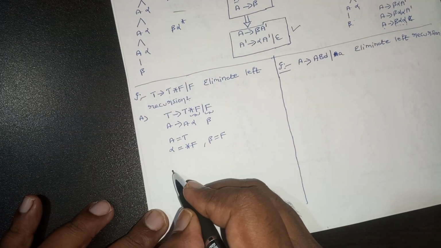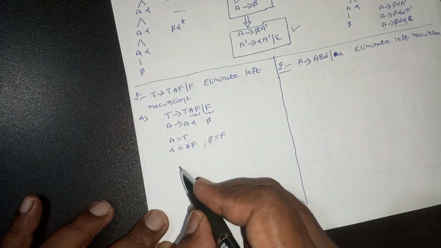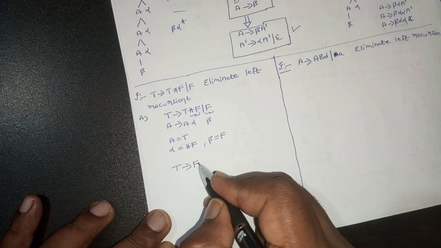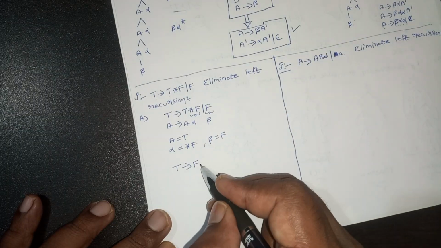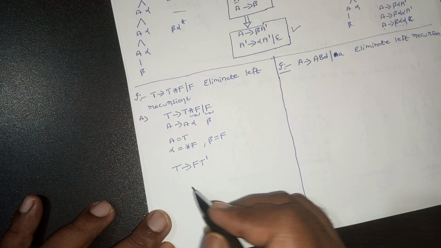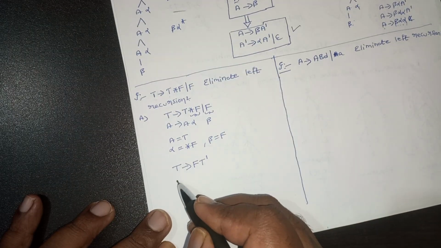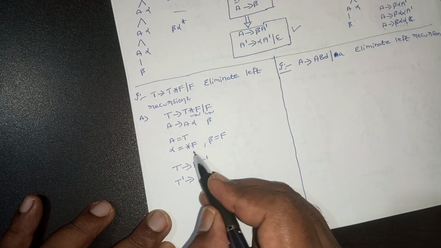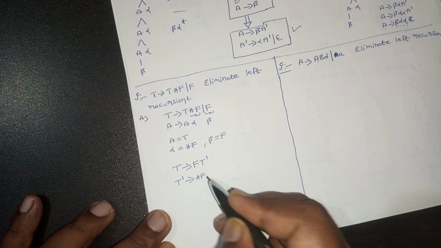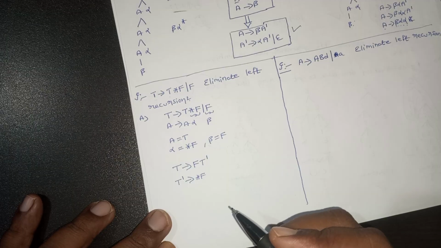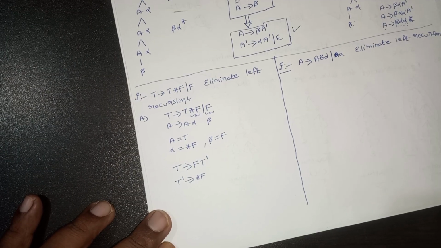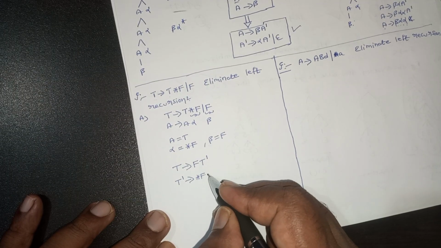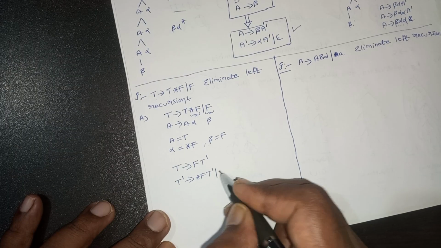So what is A here? T tends to beta, which equals F, then T dash. What is A dash? T dash tends to alpha, where alpha equals star F, then T dash, and finally epsilon.